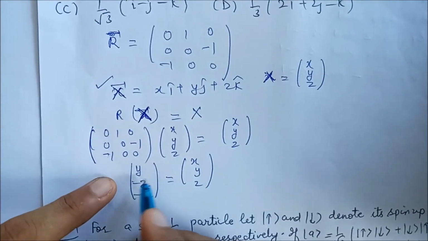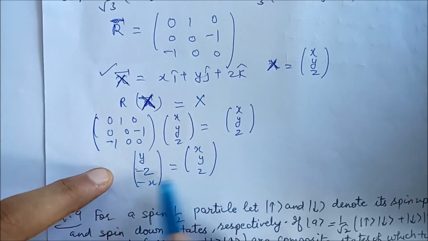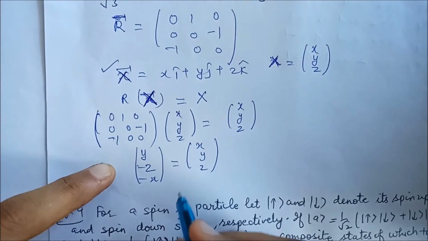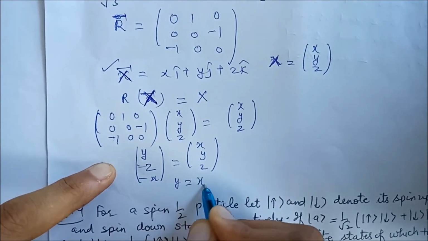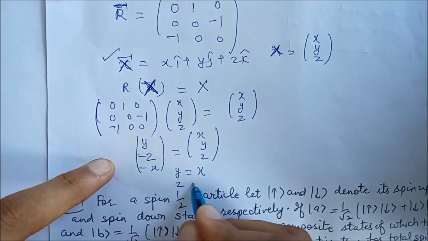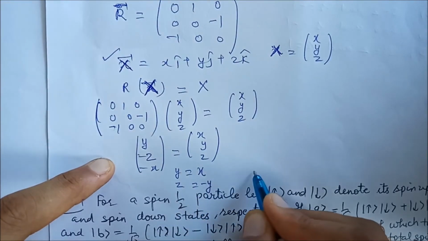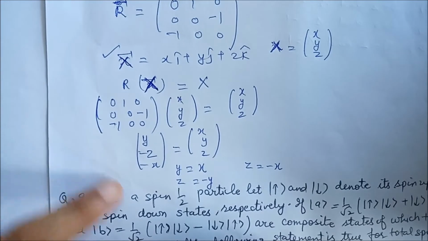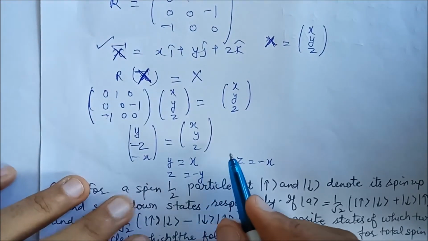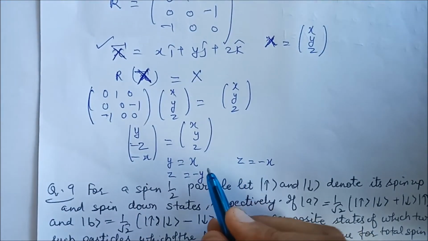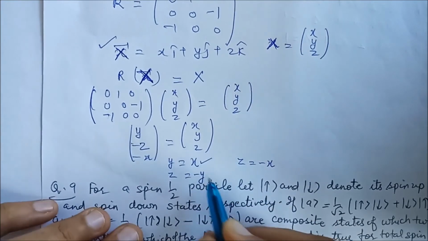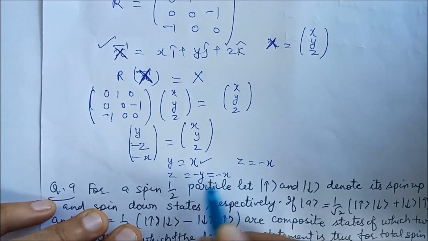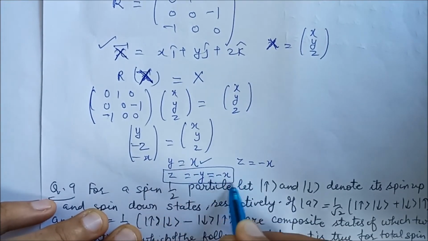So it means after rotation these become equal: y is equal to x, z is equal to minus y, and z is equal to minus x. So if we keep the value of x as x, then y is equal to x, and substituting, z is equal to minus x.